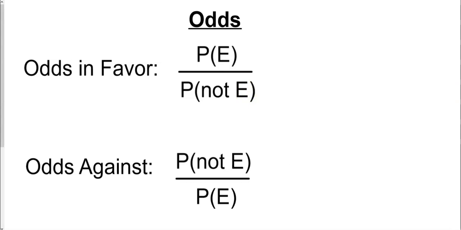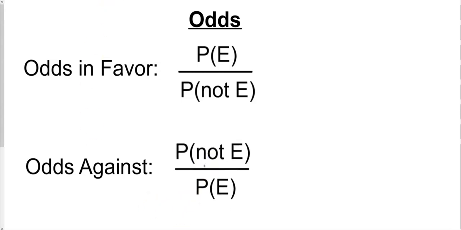So if you know the odds in favor, you actually know the odds against, because all you got to do is take the reciprocal, which means flip the fraction. Okay, odds, just like other probabilities, are reduced fractions. There are lots of ways to write odds. You can write them as fractions.